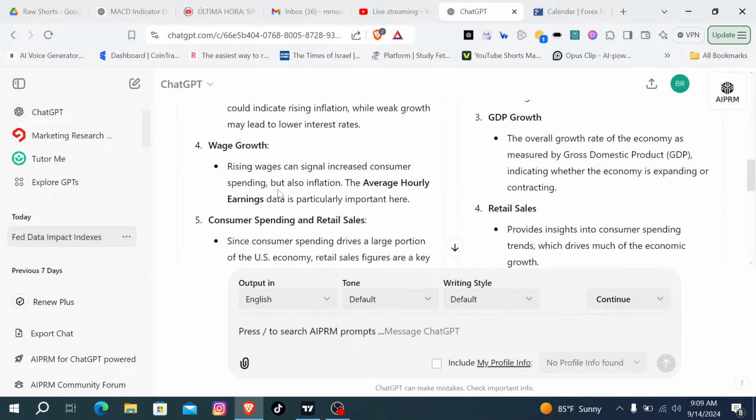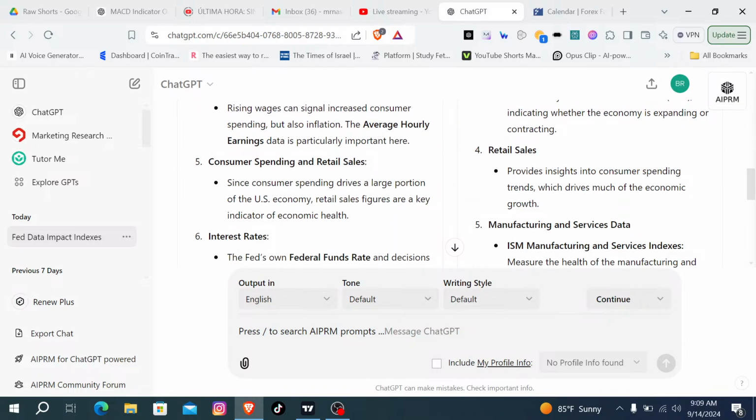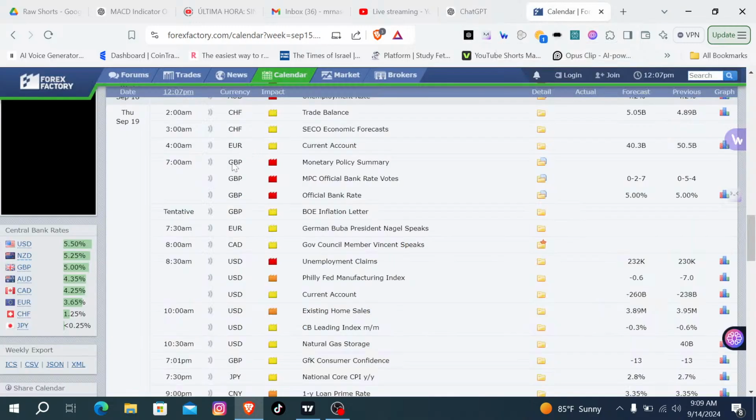GDP, average hourly earnings, consumer spending, retail sales, price insight into consumer spending. Of course they want to know if we're spending, and that lets them know how strong the market is. Are we in fear? Are they holding the money, putting it in their pockets? So this is the data that moves the market right here.